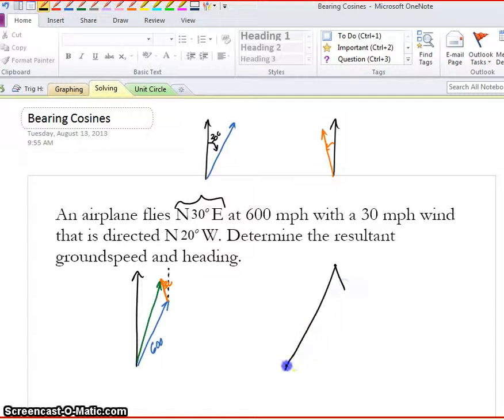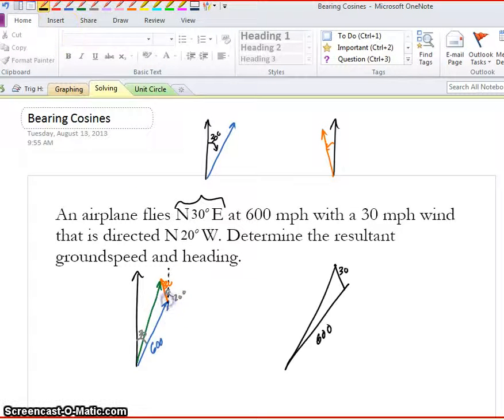It looks something like this. It has sides that are 600, 30, and we can find out a little more about some of our other angles. To do this, we want to use the angles that we were given. We were told that this angle here is 30 degrees. We were told that the angle here was 20 degrees.